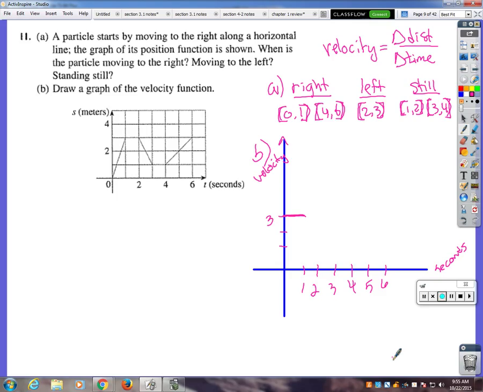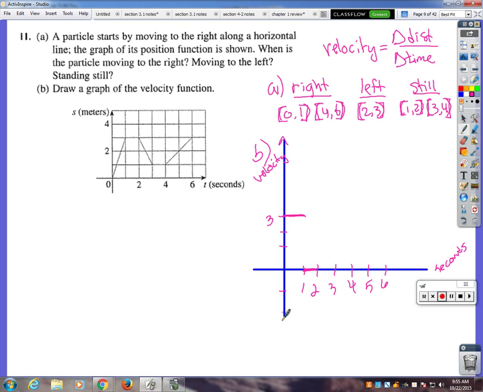What is the velocity from 1 to 2? Sorry, we did 0 to 1. From 1 to 2, it's 0. What's the velocity from 2 to 3? It's left, but what's the numerical value?